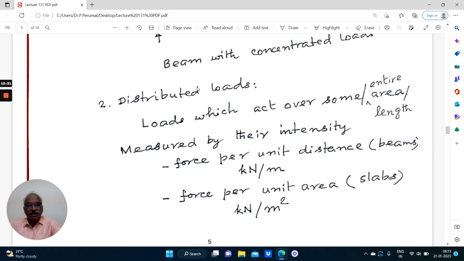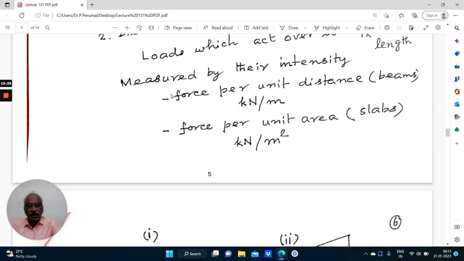Coming to the intensity of a UDL, it is the force per meter, force per unit distance. The unit is very important, right? Kilonewton per meter. If it is on a slab, it is load per unit area, kilonewton per square meter.